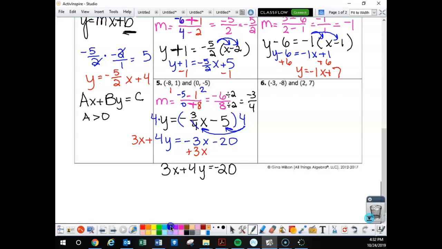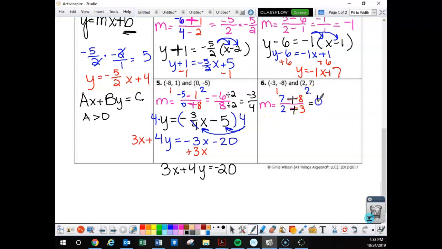Okay, so if this is point 1 and this is point 2, I'm going to use my slope formula. So 7 over 2 and negative 8 over negative 3. These both become positive.